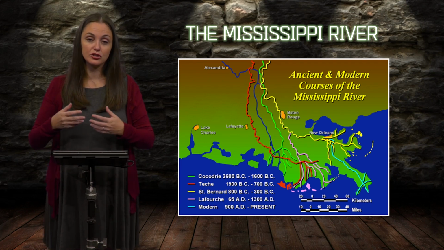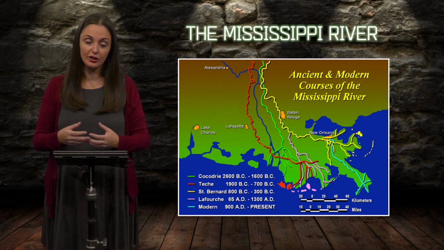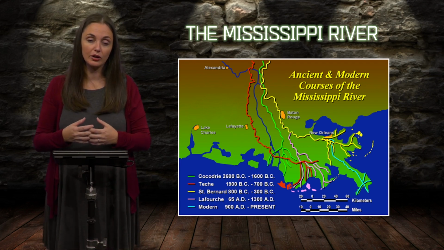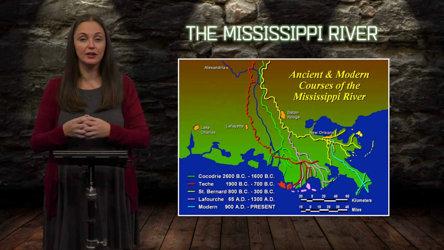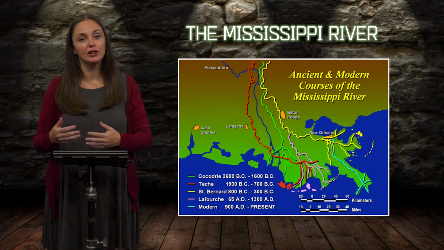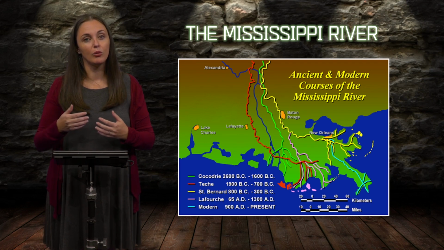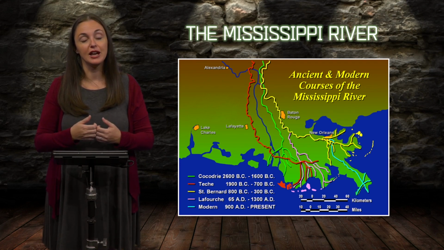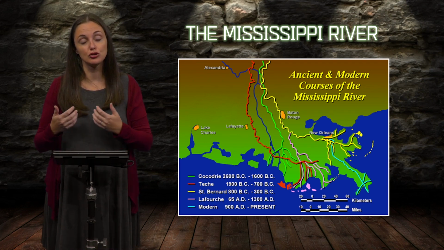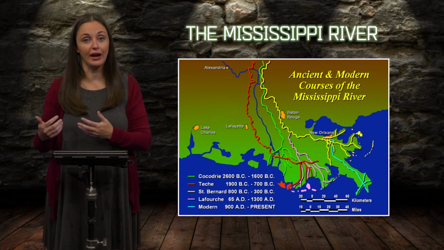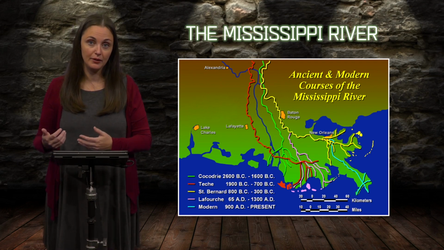It's changed its course. It's changed where that delta is, and that delta is where this sediment is going to be the most needed at any given time, up until the 20th and 21st century, where we've begun to take hold of the river and have some control in where it's going to outlet and where that delta is going to be.